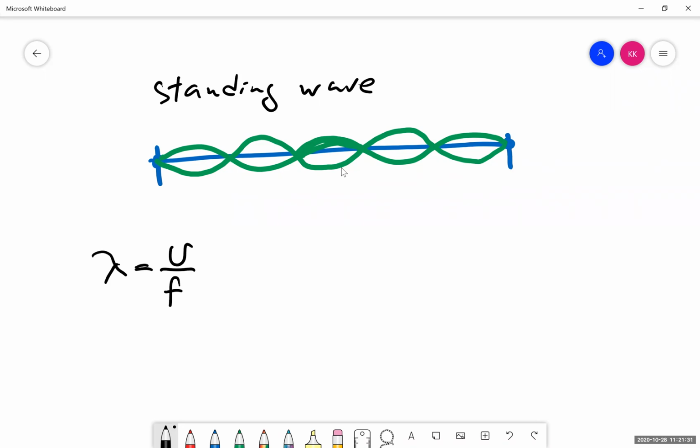You can also relate the number of those standing segments that you see, because if you remember, we have 1, 2, 3, 4, 5, and 6. Those are known as nodes, so we write it with a capital N. And we also have 1, 2, 3, 4, 5. Those are known as antinodes.